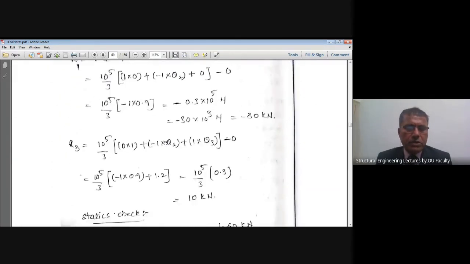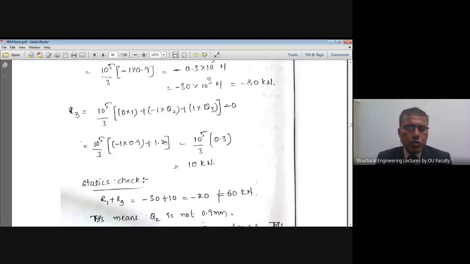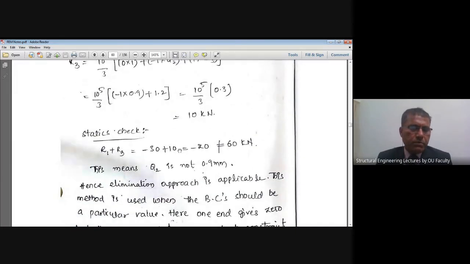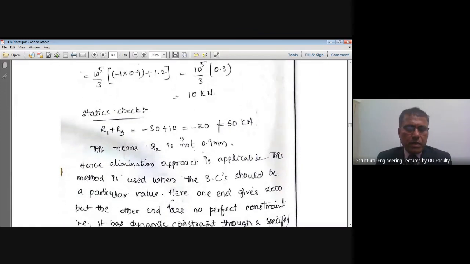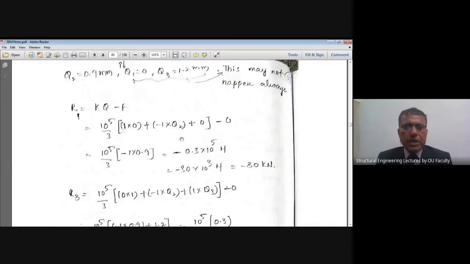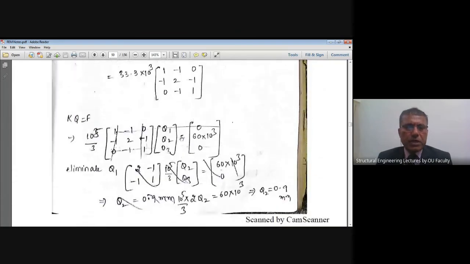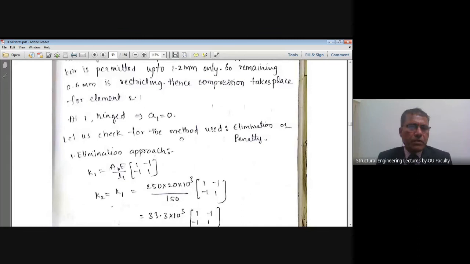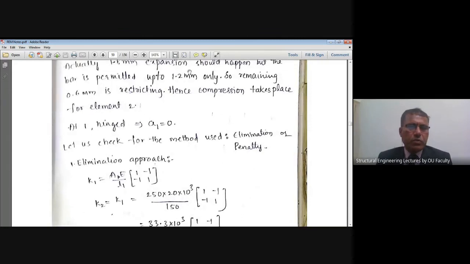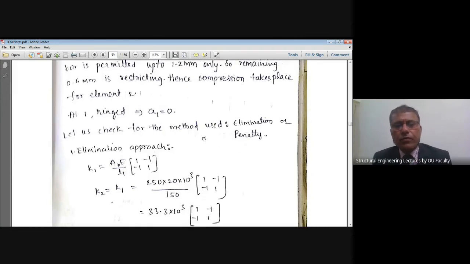Only 1.2 is permitted. Hence, the specified boundary condition is that Q3 is equal to 1.2. Q1 is equal to 0 and Q3 is equal to 1.2.